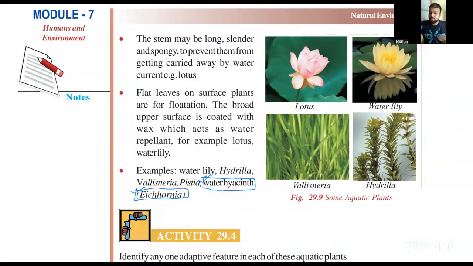Why is it problematic to the environment? It's not more than a 5 minute search. Go to Wikipedia, read about it, and tomorrow come with your answer. I will ask everyone.